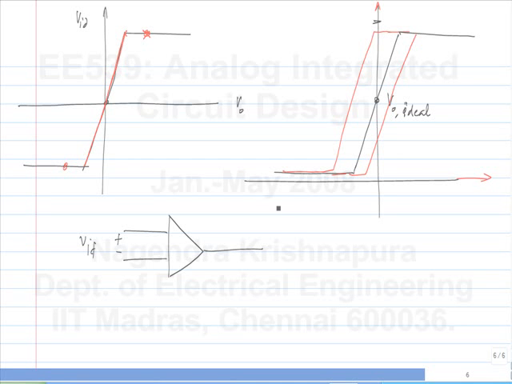Now I know that I can't do this, because if I apply 0 volts between the differential inputs, the op-amp can be biased anywhere. It could be biased here, it could be biased here. This horizontal shift is also random. If you buy some 10,000 op-amps and measure the characteristics, they will all be shifted by different amounts within a certain range. So how do we get around this problem?